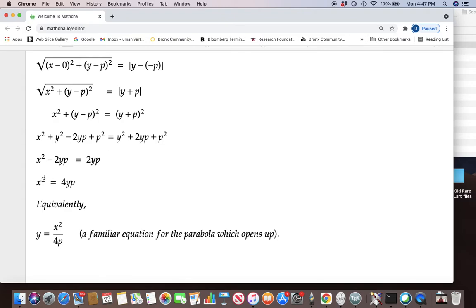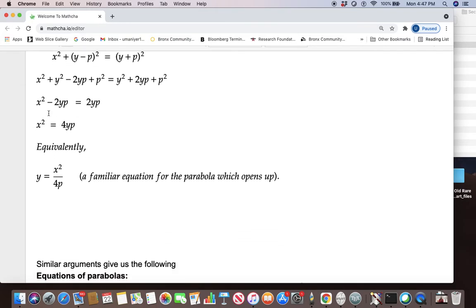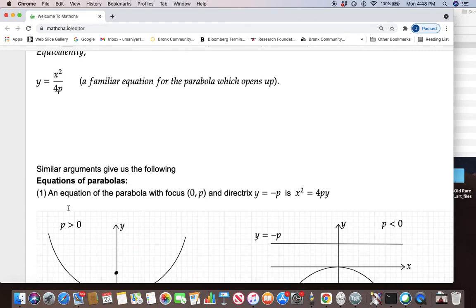Move this over, you get x squared equals 4yp. So that's your equation of the parabola. Equivalently, you may divide both sides by 4p and you get y equals x squared over 4p. Now this is something we are familiar with, degree 2, quadratic. So x squared equals 4py is equivalent to y equals x squared over 4p.